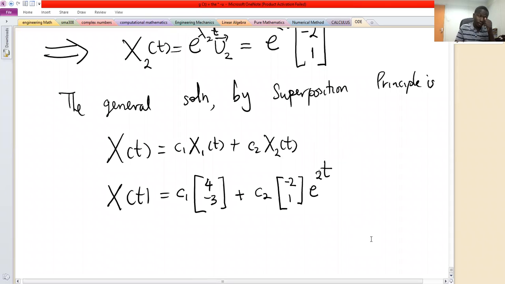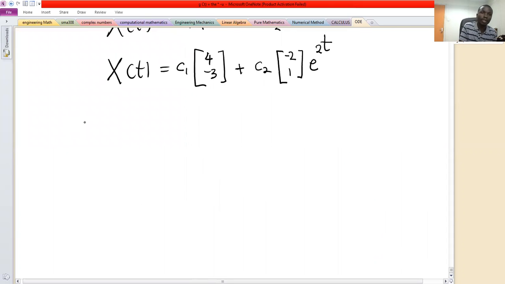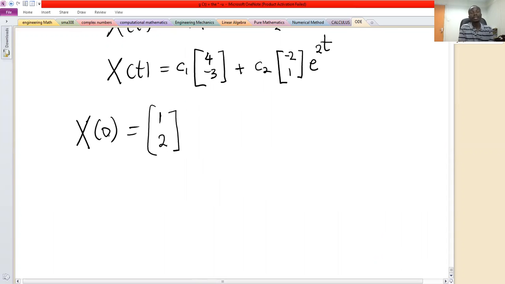So now to get the actual values of C1 and C2, we use the initial condition. So remember, we are told that x of 0 is 1, 2. So x of 0 means that when you replace 0 for t, this is what you get.